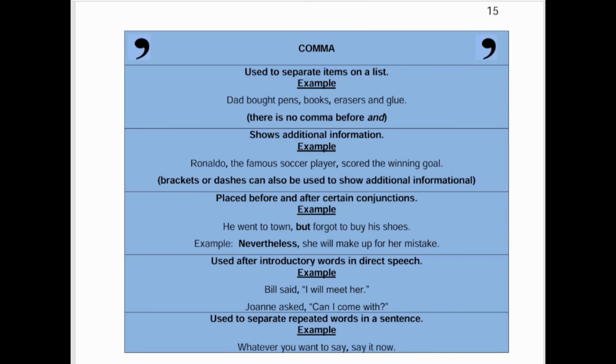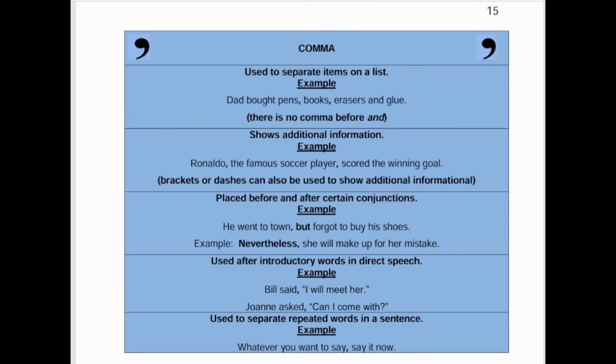So if you want to use a bracket or a dash, you can use it to show additional information besides using a comma. Then another use of a comma is that it is placed before and after certain conjunctions. Conjunctions are just joining words. They join one statement with another, or one word with another word.